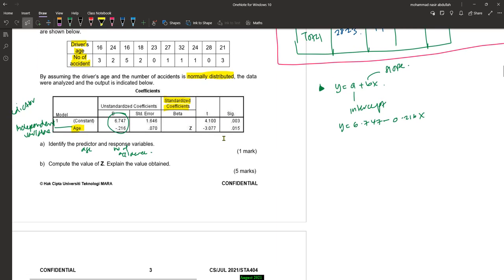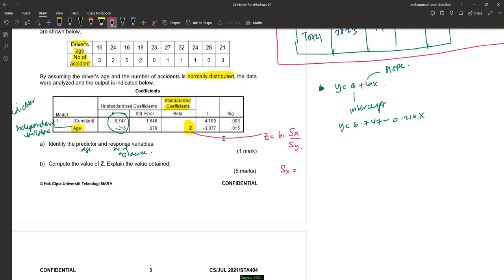So to calculate the Z value, Z should be equal to beta 1, which is the unstandardized coefficient, multiplied by sx divided by sy.